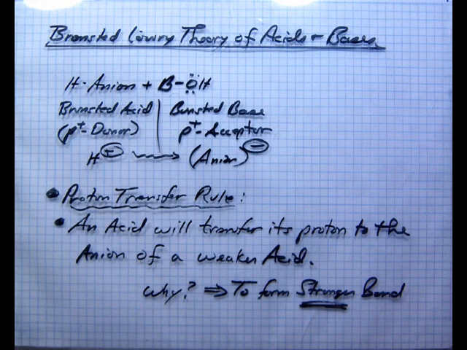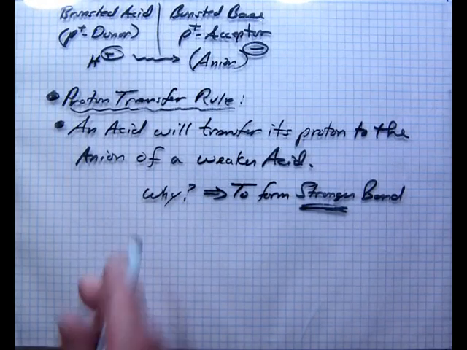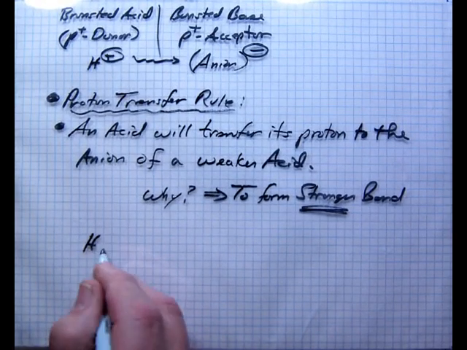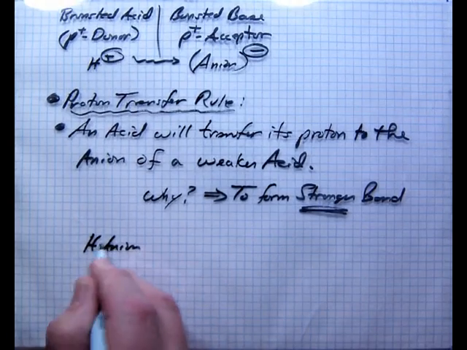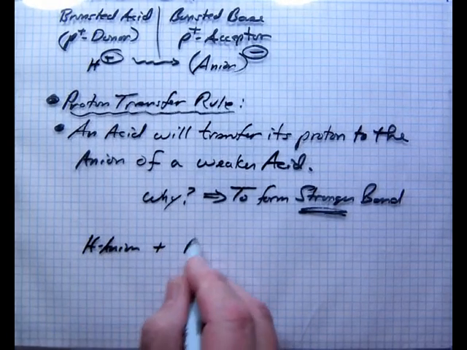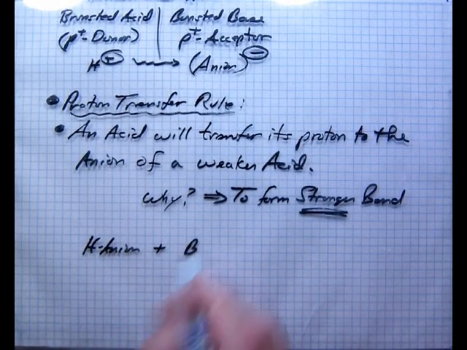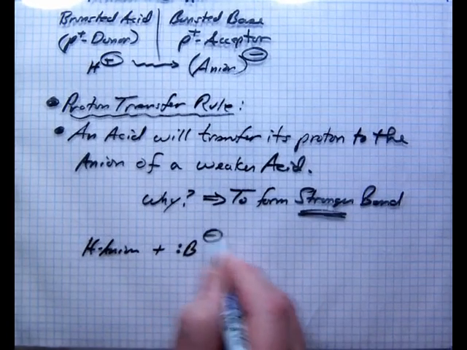It will not transfer a proton to an anion of a stronger acid because the proton prefers to be ionized from a stronger acid. You can write this in the context of H anion like this, plus say some base negative.